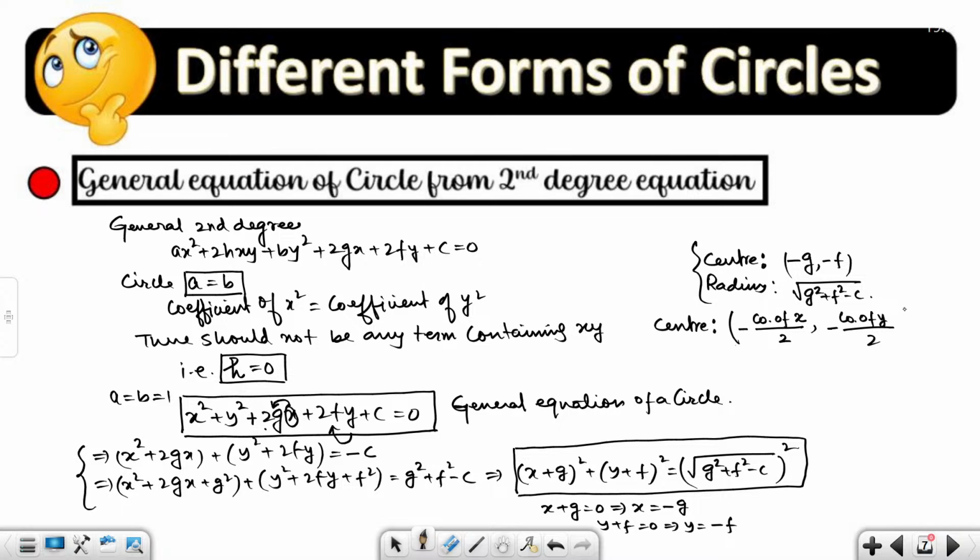So its center will be minus coefficient of x divided by 2, minus coefficient of y divided by 2. But remember one thing, it is only possible when the coefficient of x square and y square is 1.